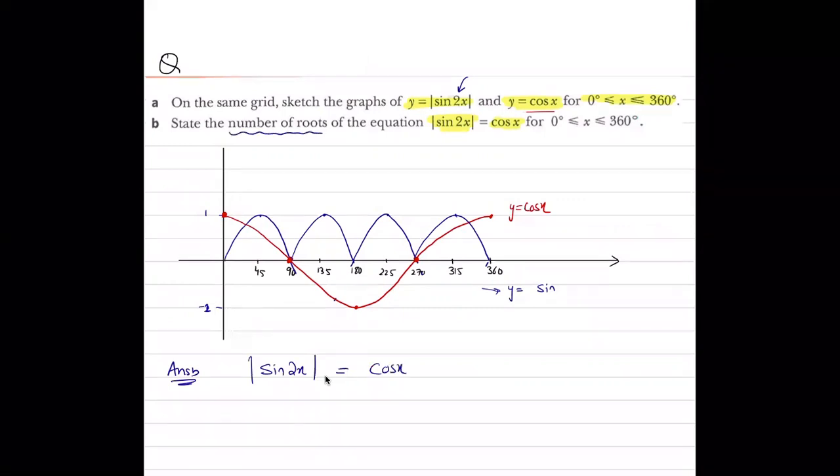The number of roots of this equation is just the number of points of intersection. So one point of intersection, second, third, and fourth point of intersection. So the number of points of intersection is 4. So there are going to be 4 roots to this equation.